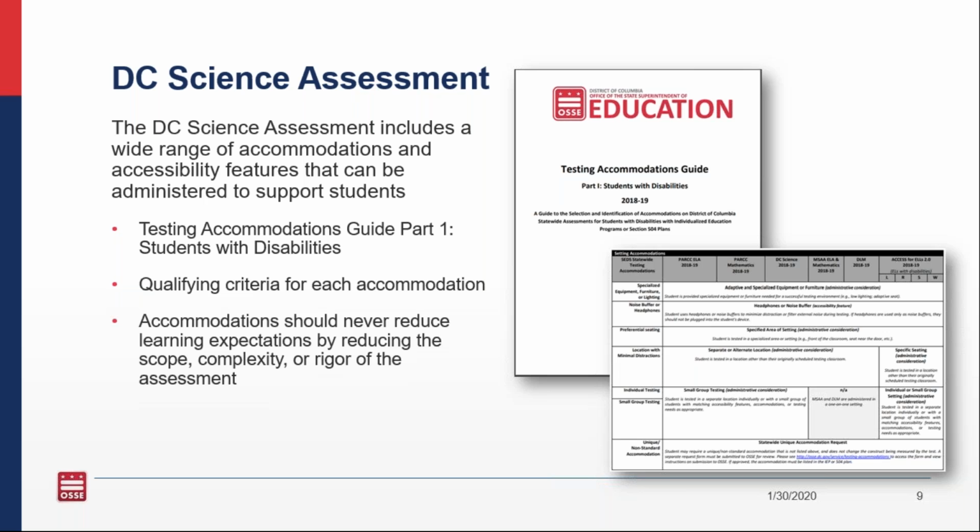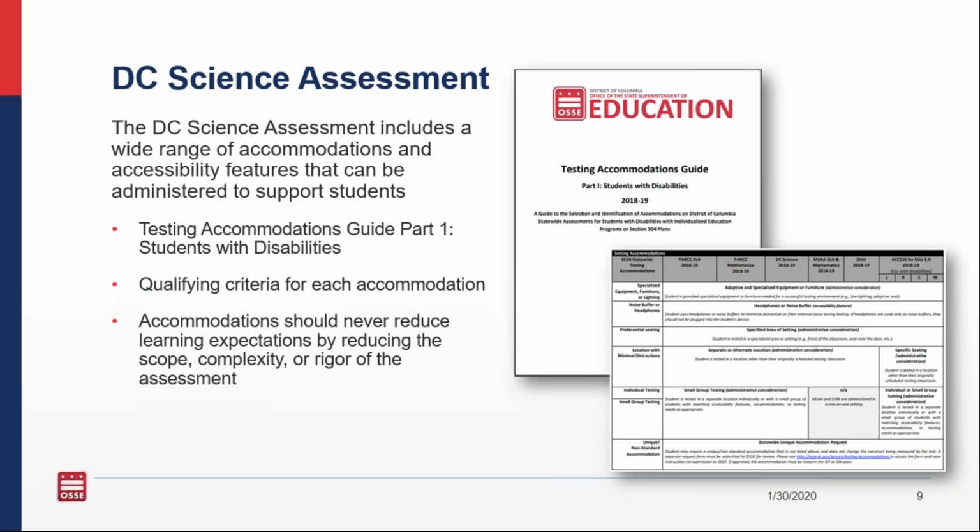It lists all of the accommodations in SEDS and compares it to the accommodations that are available on PARCC, ELA, Math, as well as DC Science, MSAA, DLM, and our ACCESS testing. So this is a great resource to use when you are aligning both accommodations that are available in SEDS as well as what's on PARCC and DC Science.